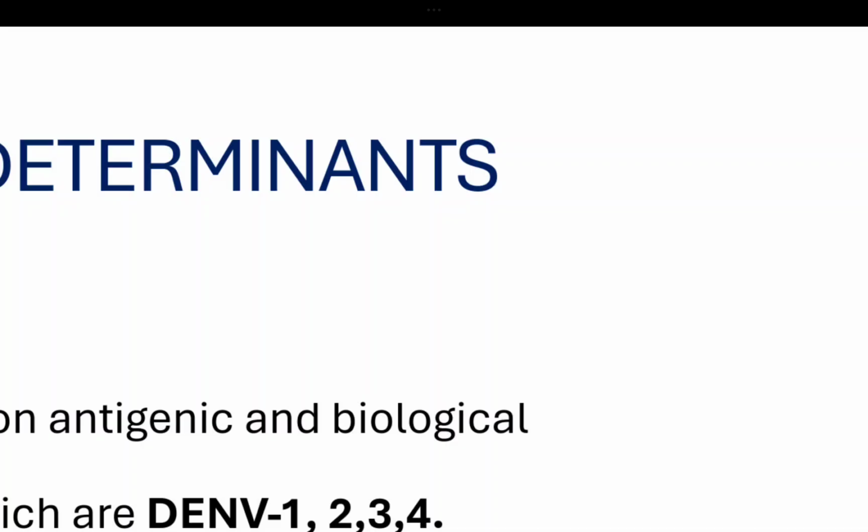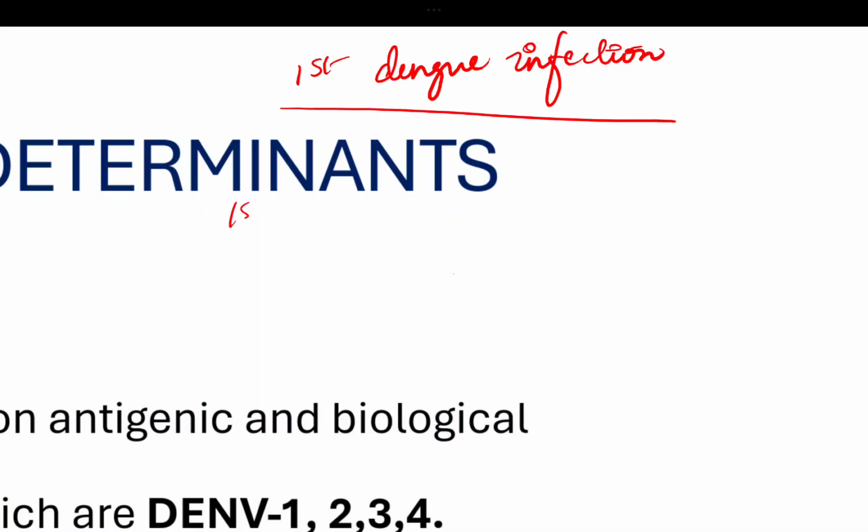So first you have to understand how the dengue virus affects the body, and it forms its own serotype causing the infection. So we see the first dengue infection, the first serotype. Let us assume dengue 1, 2, 3 or 4.